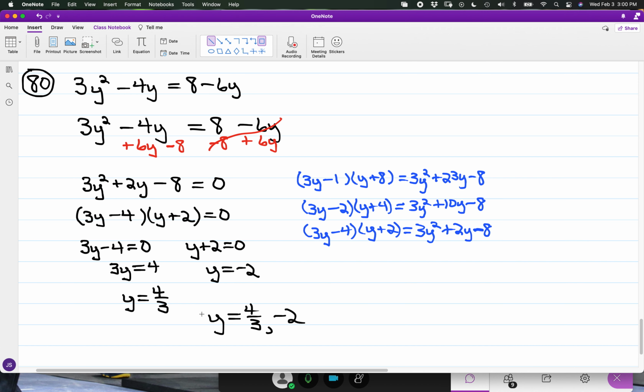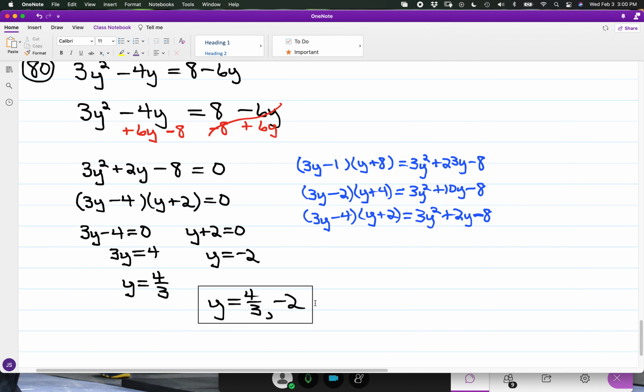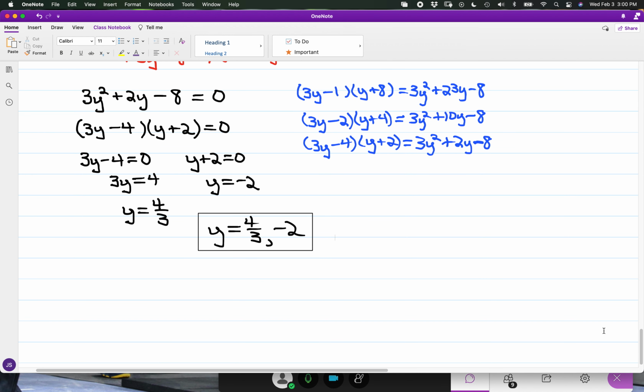But again, you could use the quadratic formula, but you have to simplify the ratio ultimately. Now, we are transitioning from rational and quadratic equations to radical equations. We'll look at 86.